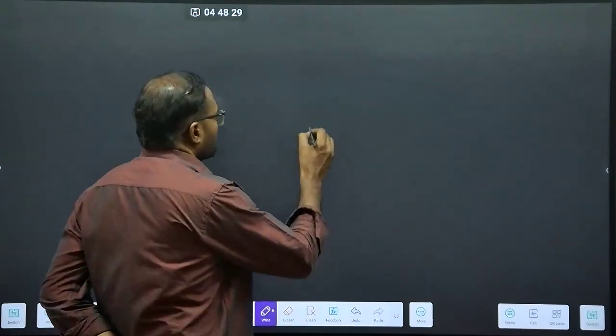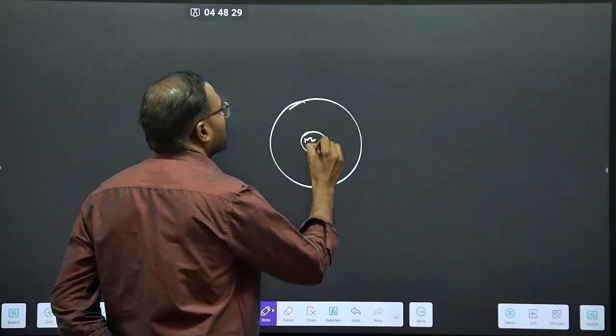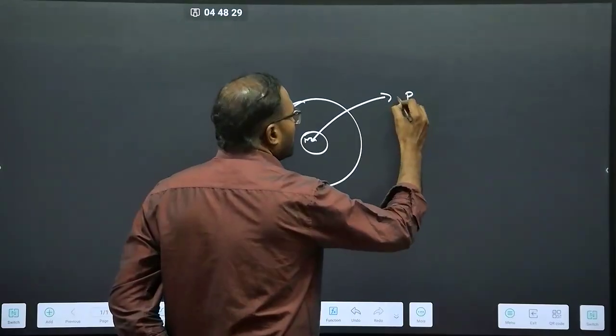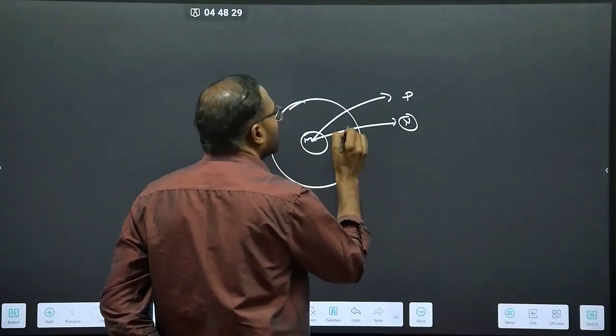A grape is a very classical example for comparing the atom. Consider the grape as an atom. Inside the grape the seed is present, so consider the seed as the nucleus. Inside the nucleus the protons and neutrons are present, and electrons are orbiting.